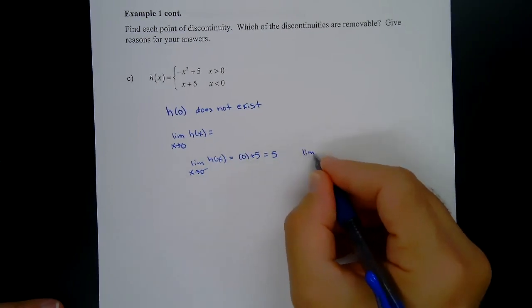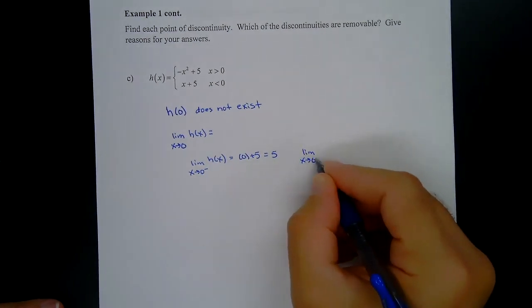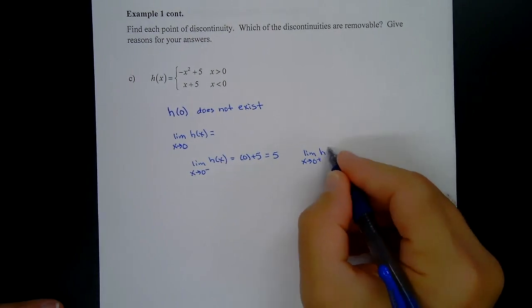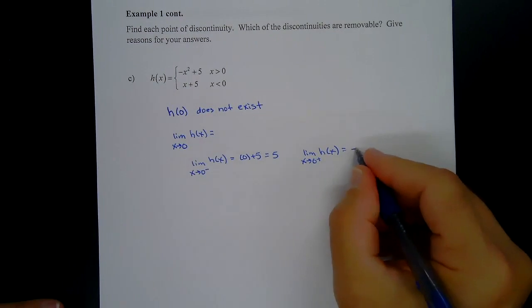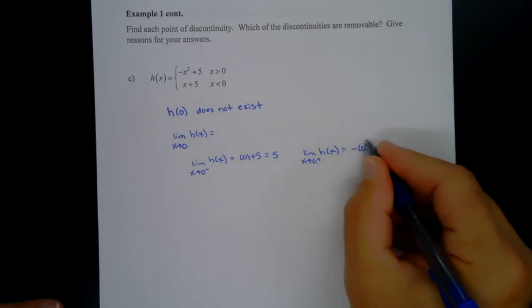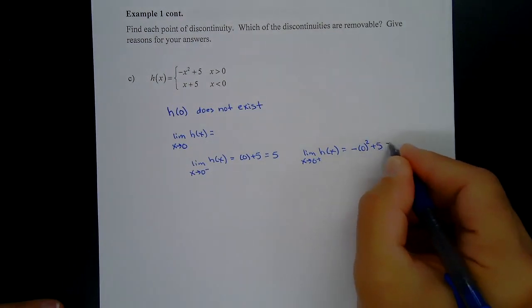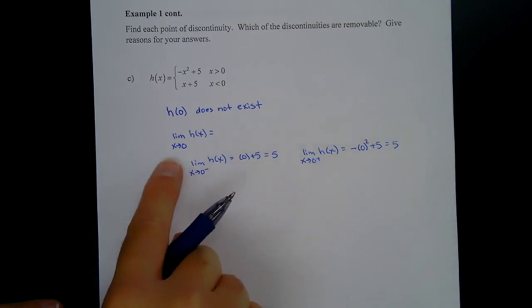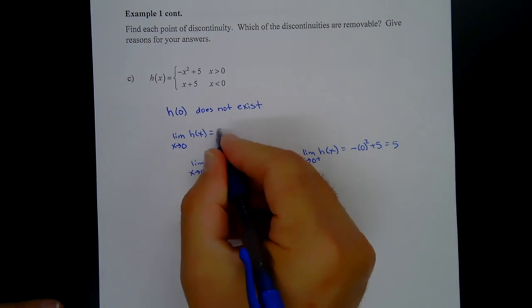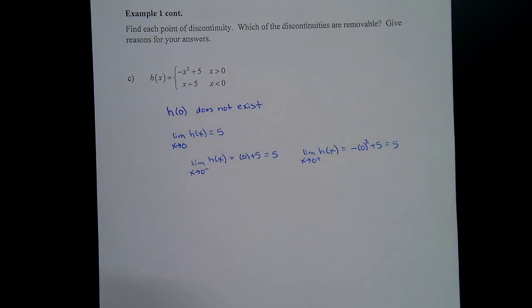And we take the limit as x approaches 0 from the right of h of x. From the right, we'd use the top one, so that'd be negative 0 squared plus 5, which would give you 5. Now, these are both 5, so that means this limit exists, and it is equal to 5.